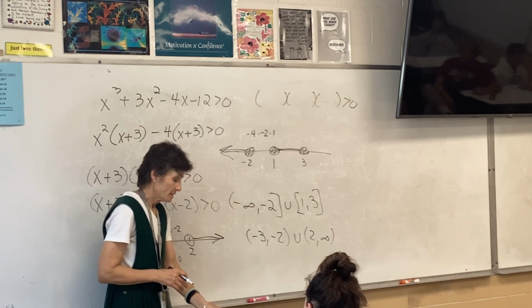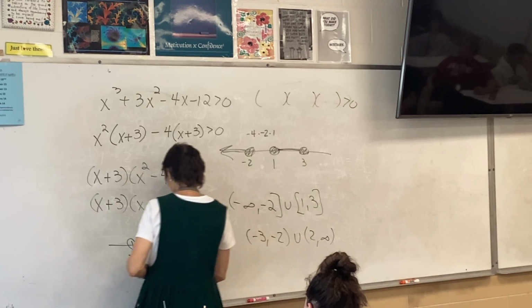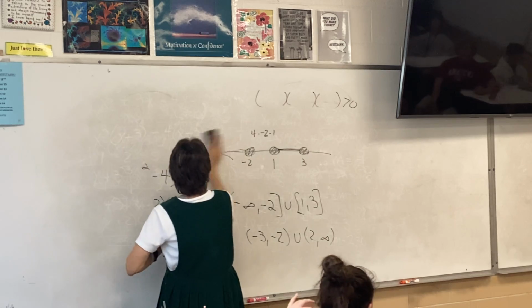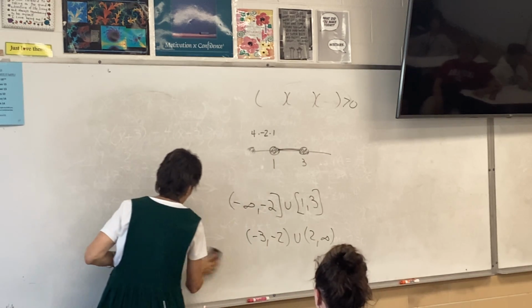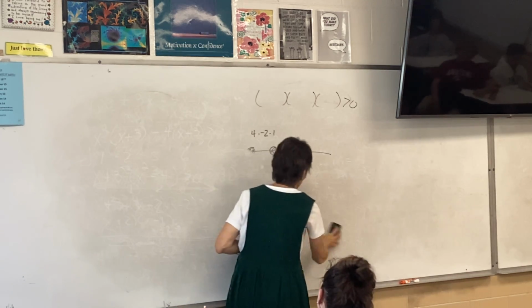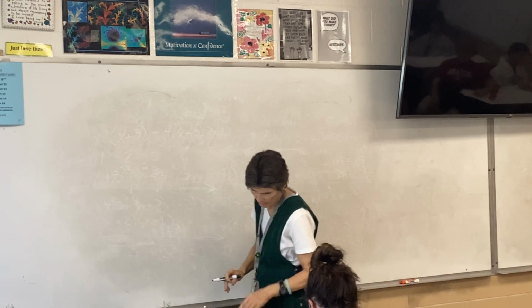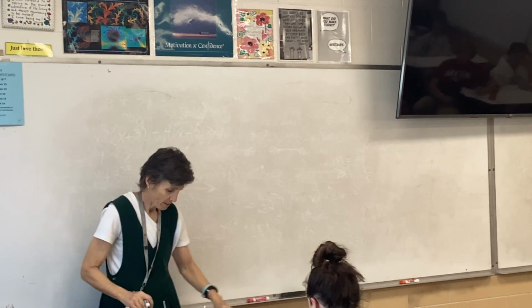All right, now, number 8, we're gonna do one of these and then I'll pass your quizzes back. Number 8. This one looks different, doesn't it? Actually, we may do 2 of these. Maybe both of these.